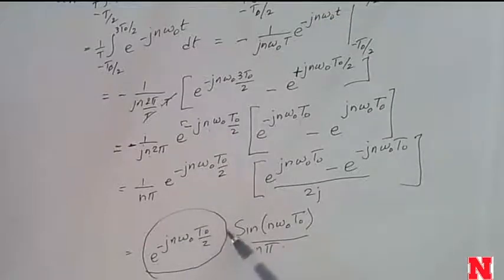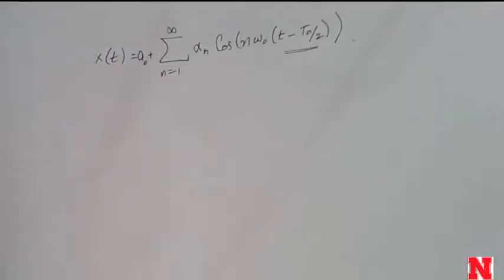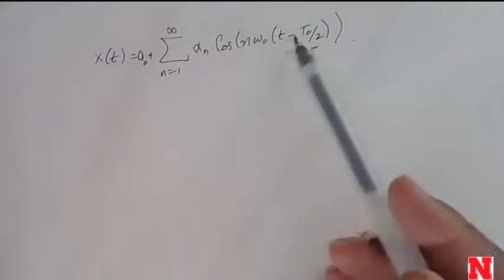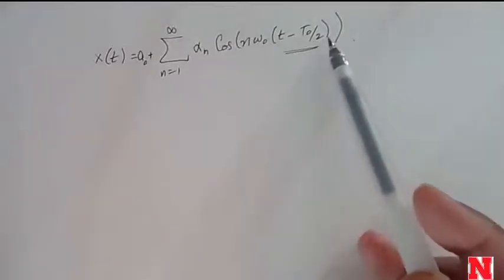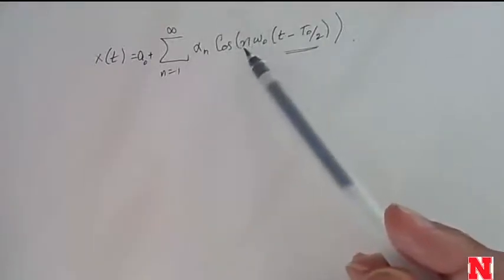And when this complex part translates, when we go back and actually find it in terms of a sinusoid, it translates into a phase shift when we write it as a sum of sinusoids.